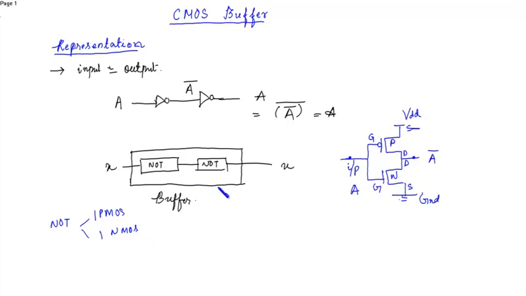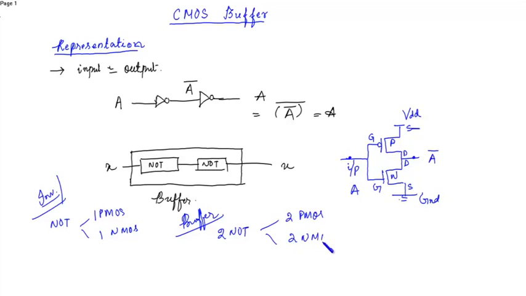So in the structure of a buffer, for a buffer we need two NOT gates, that means two PMOS and two NMOS.